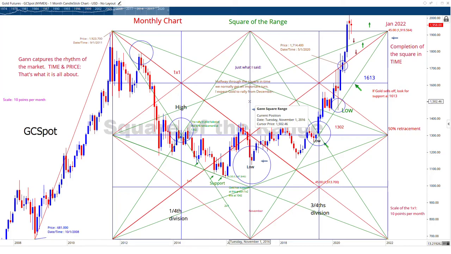And once you get the hang of Gann, be forewarned, you're going to be addicted, because you're going to realize that, hey, there is a rhythm to the market. You should always look at time and price together. And Gann believed that any trade that you do has to be a function of both time and price.